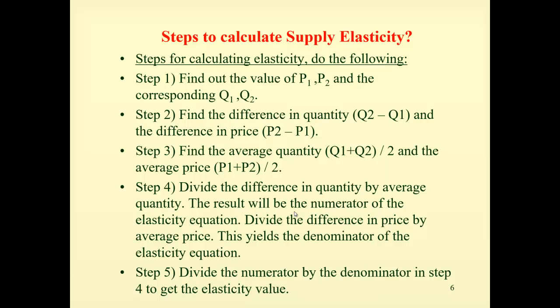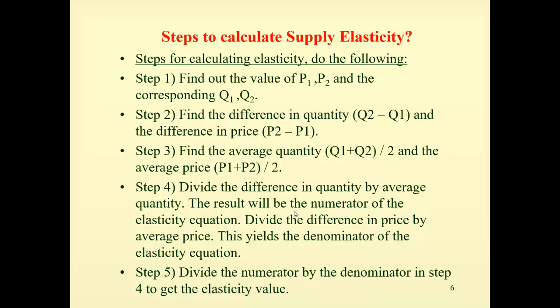Second step, find the difference in quantity, Q2 minus Q1, and the difference in price, P2 minus P1. Third step, find the average quantity, (Q1 plus Q2) over 2, and the average price, (P1 plus P2) over 2. Step number 4, divide the difference in quantity by the average quantity.